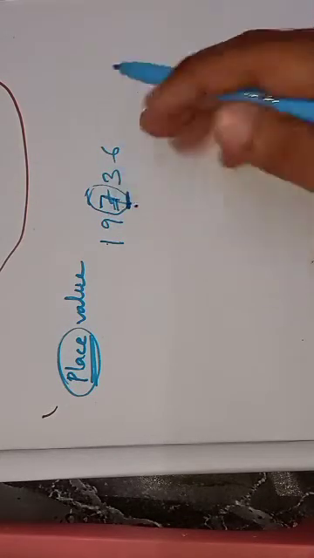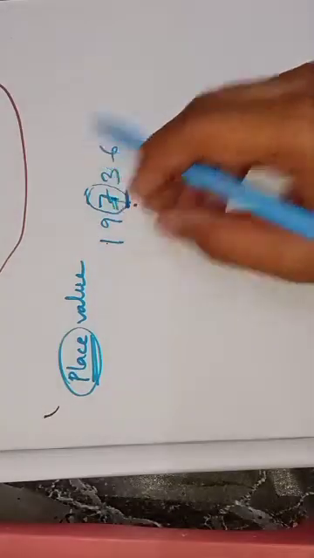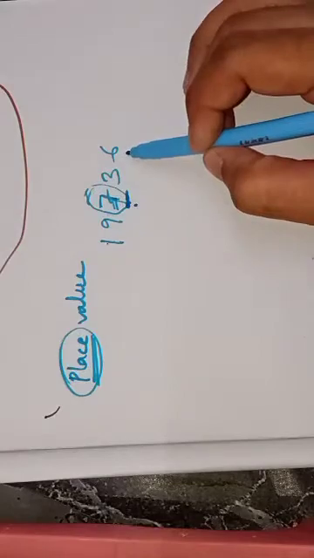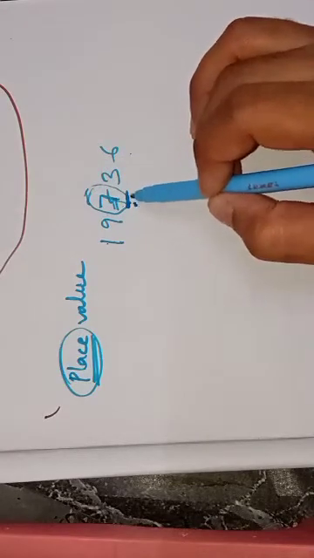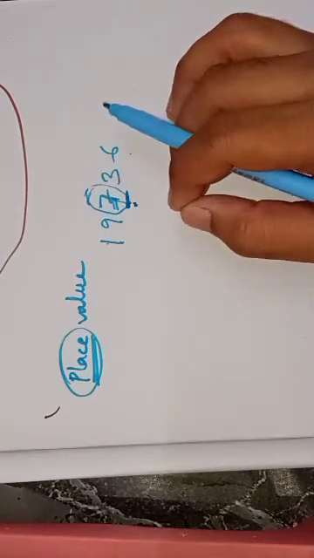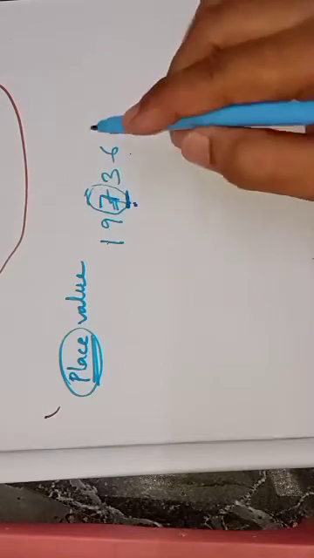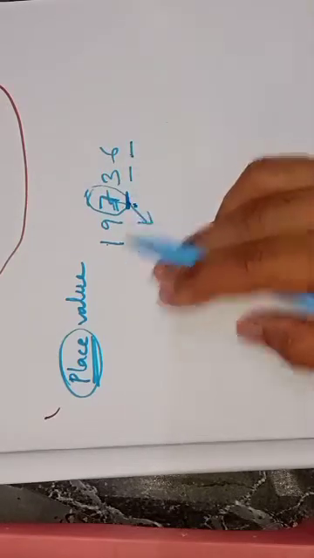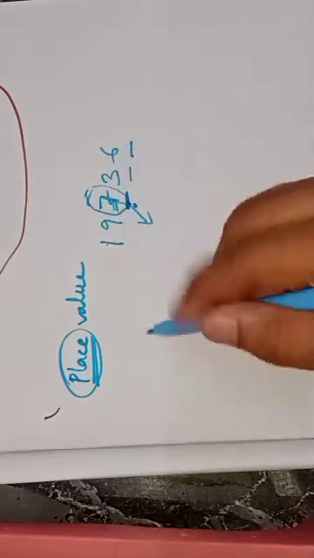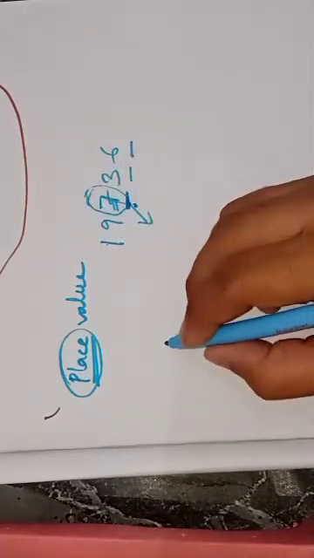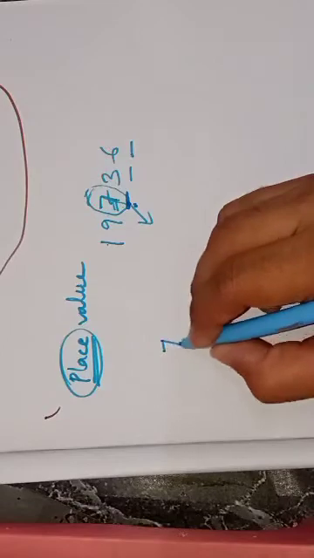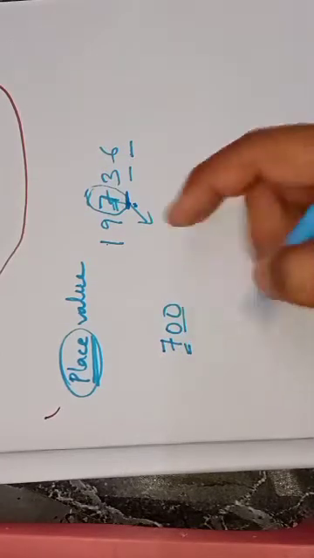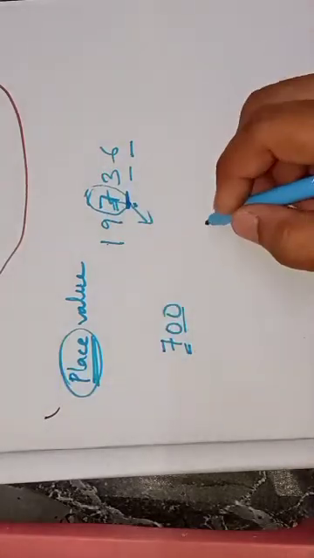The place value of 7 is the position of this digit 7 in the number, that is where exactly it is located in this number. It is located in the ones, tens, hundreds place. So the place value of 7 in this case will be 700, because 7 is the digit and the place value is hundreds, so I have to write 700.